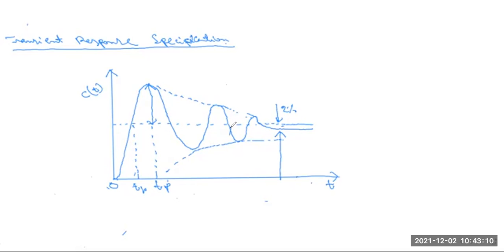Before that, it is called the transient response. In this region the result is near about 100%, and at this point it is 98%, we take that. So this is TR, TP, and this is called the maximum overshoot, MP.